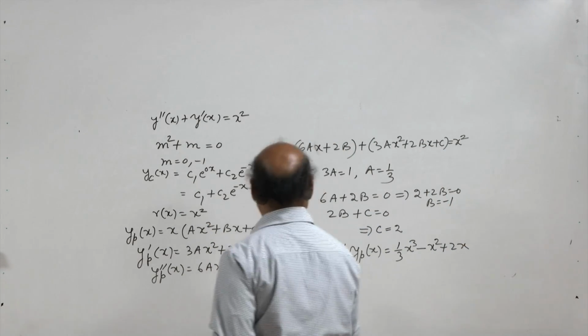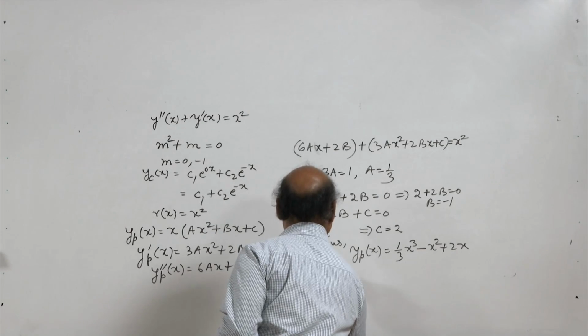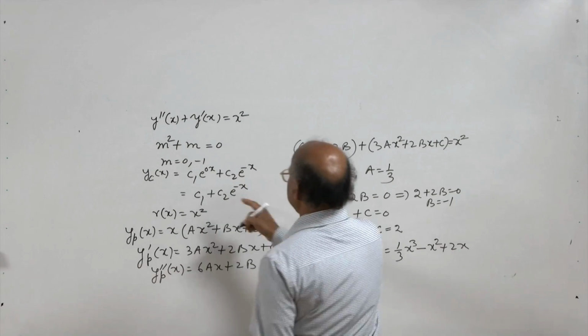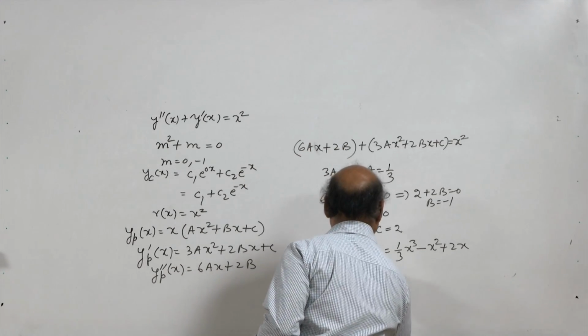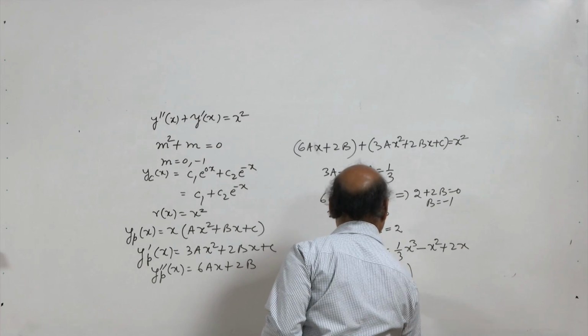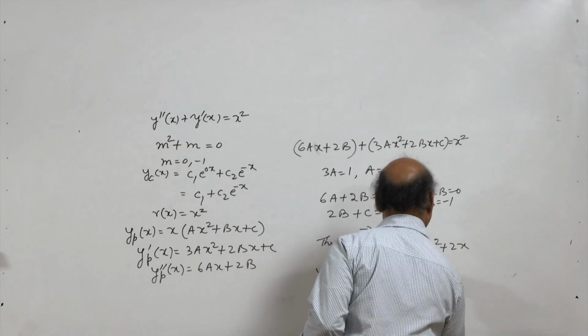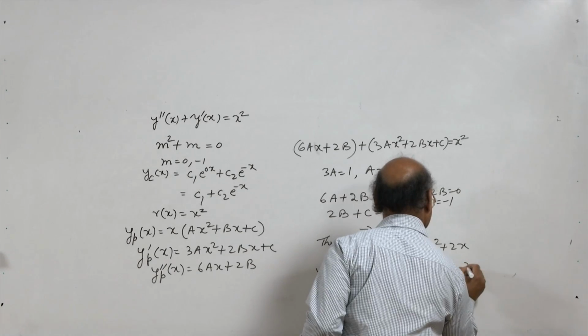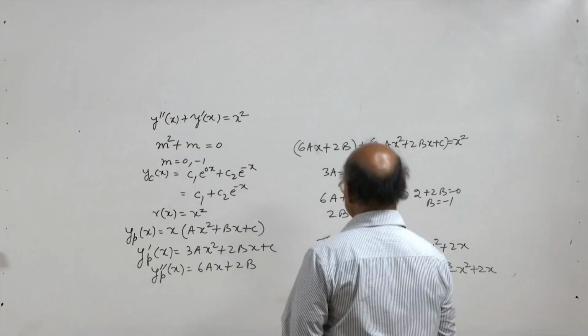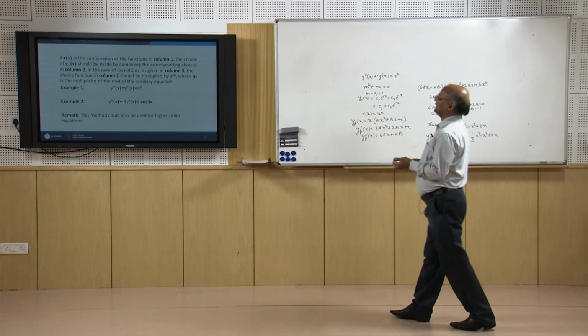And so the general solution is y(x) equal to yc(x) which is c1 plus c2 e to the power minus x, plus yp(x). So this is the general solution of the given differential equation.